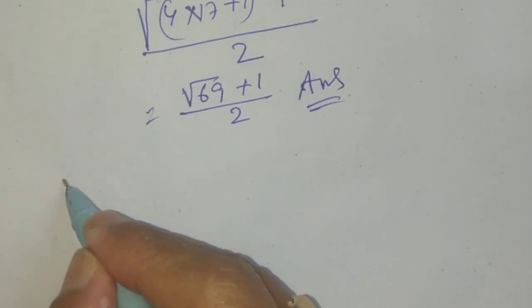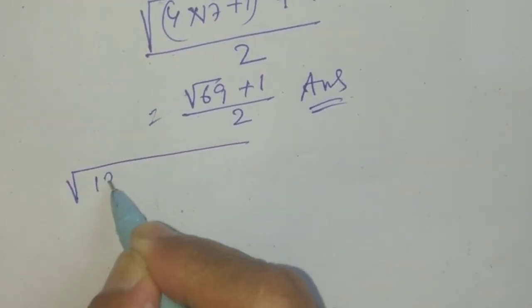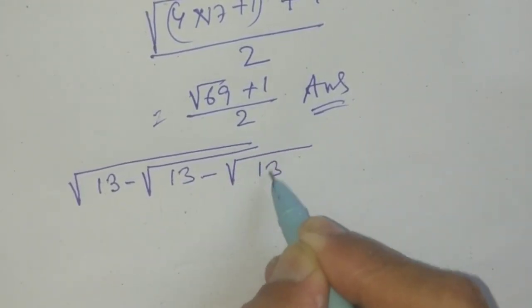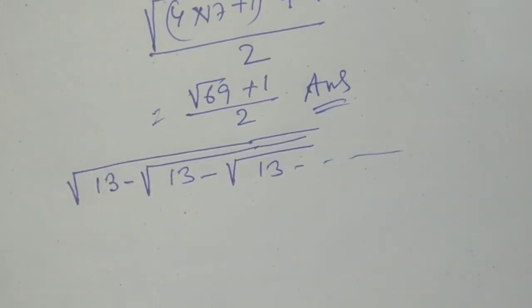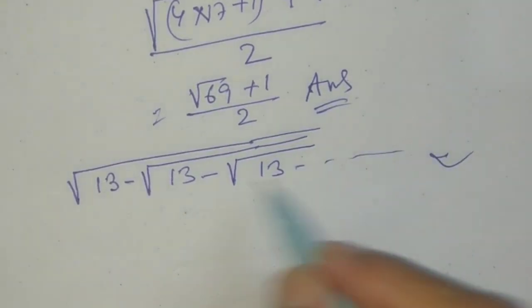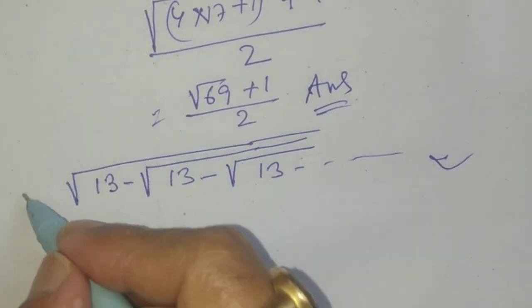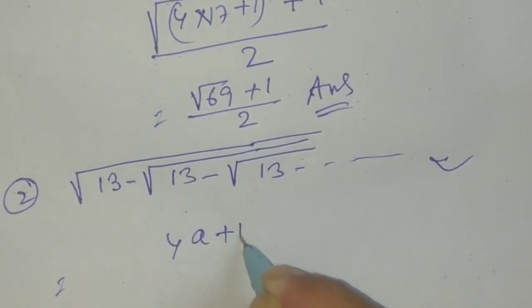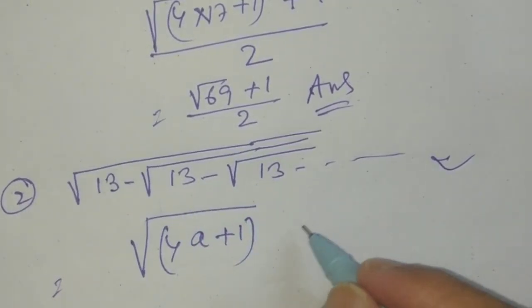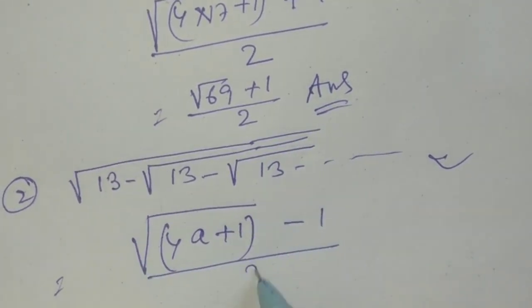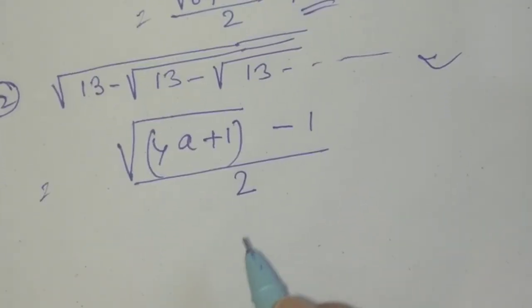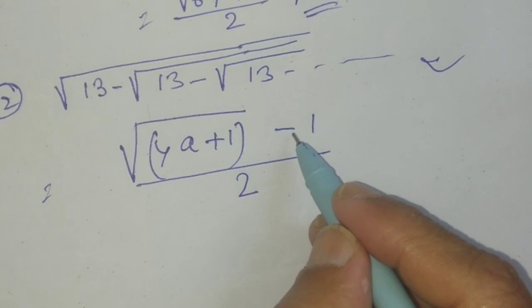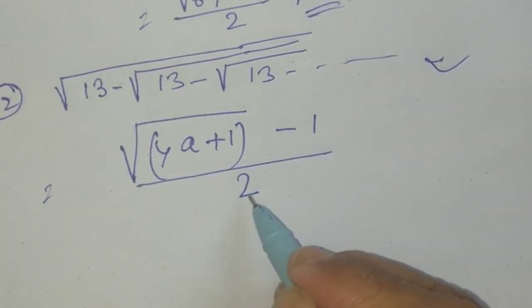Another question. If the question is like this: root over 13 minus root over 13 minus root over 13 and continued up to infinity. What is its value? The formula is root over 4a plus 1, minus 1, all divided by 2.